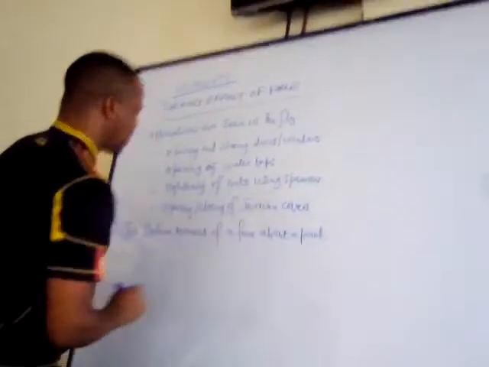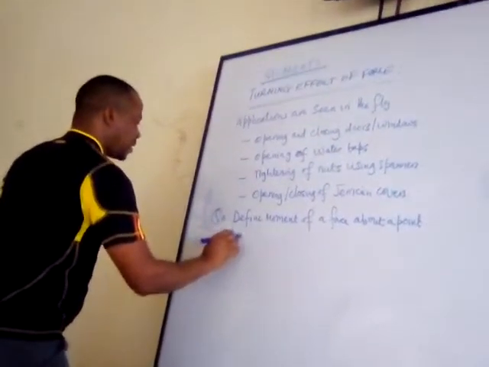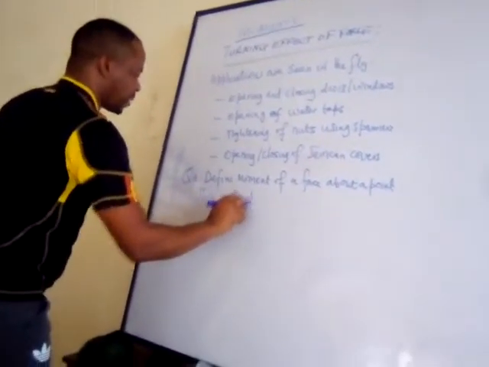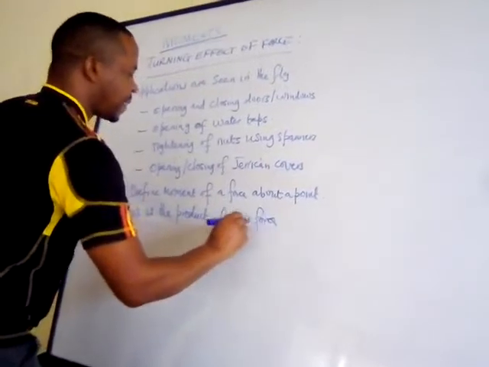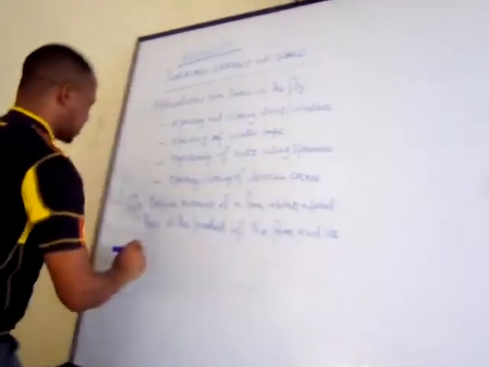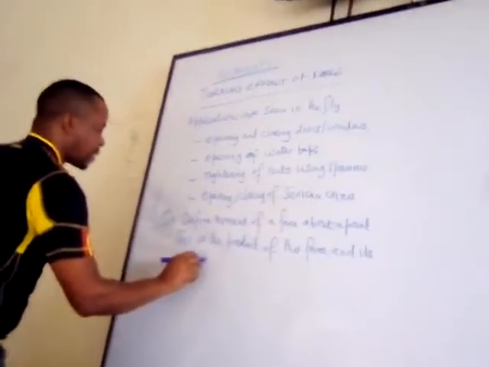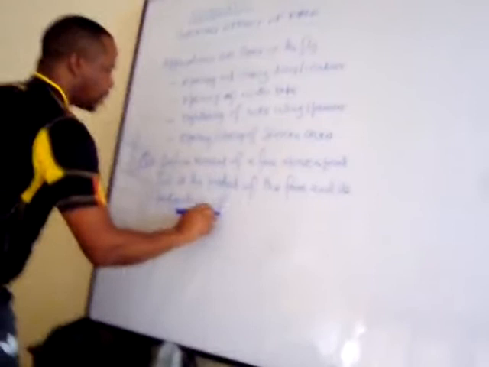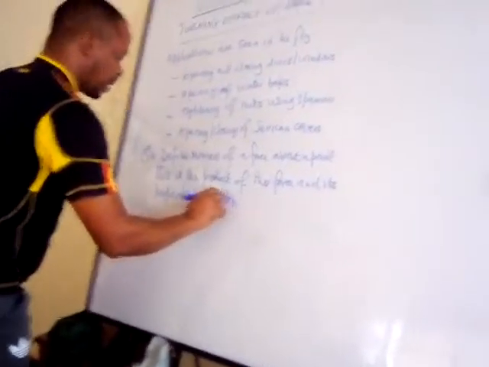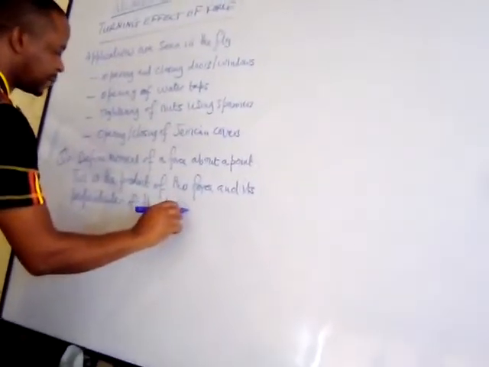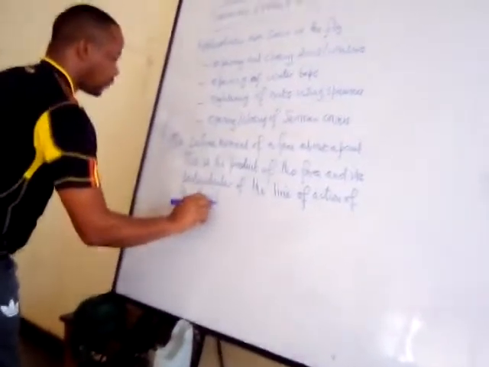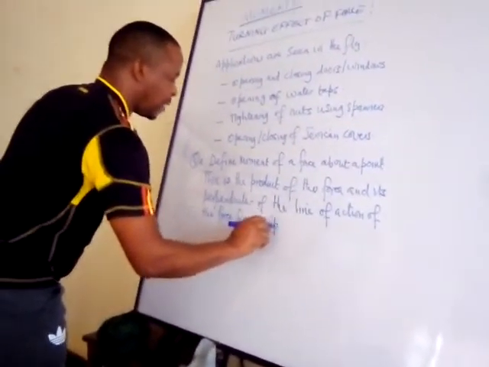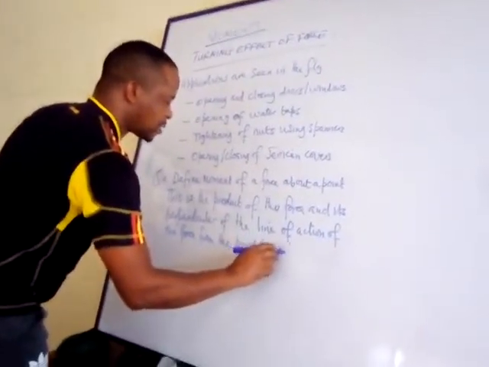The moment of a force about a point is defined as the product of the force and its perpendicular distance of the line of action of the force from the pivot, or otherwise referred to as the fixed point.